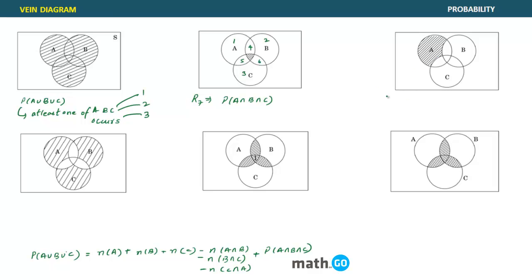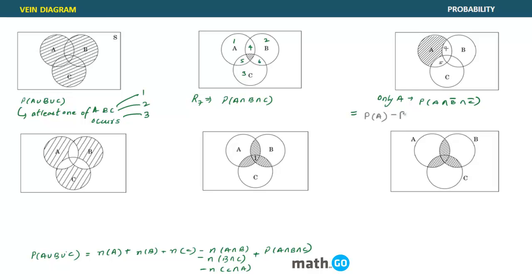This is the category that I will talk about, only A, right? So how do you write only A when 3 events are there? It is something like this: A occurs, B does not occur, B bar, and C does not occur, C bar. This is how you represent this in set notation. And if you want to solve this, the value of this would be nothing but, from complete A, you have to subtract region 4 and you need to subtract region 5.